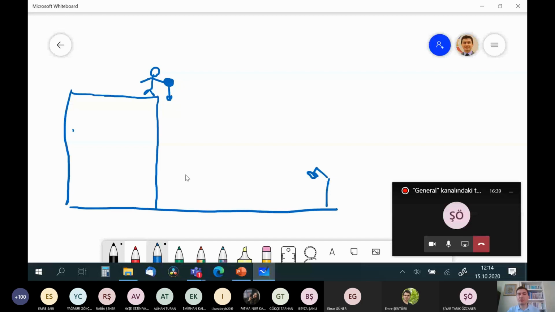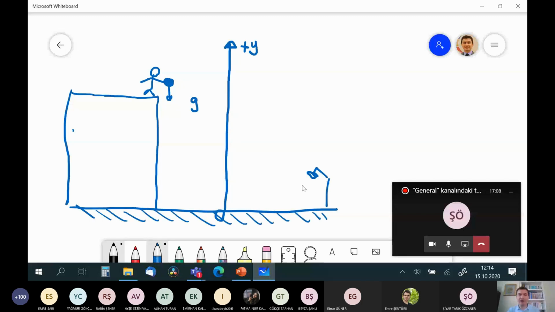It depends on your choice. If you choose, for example, positive y direction here and the origin here, then g is due to the gravity of the Earth, so the sign of g here will be minus g, since the direction of the acceleration due to gravity is from the positive to the negative side.